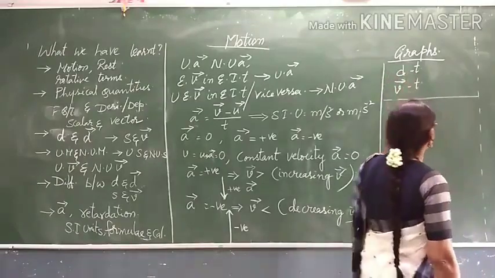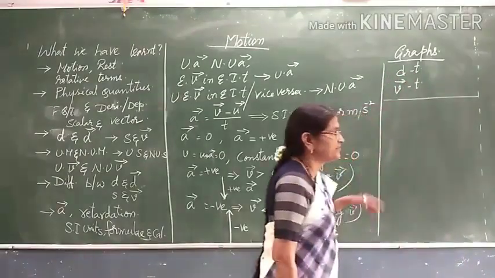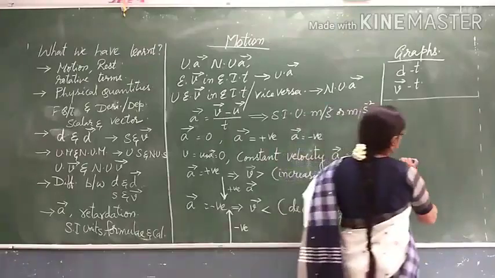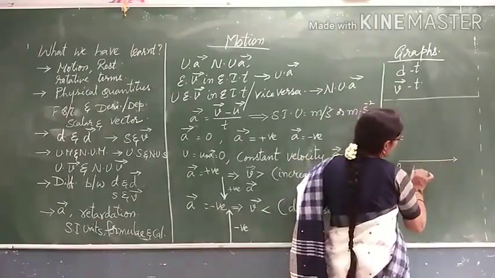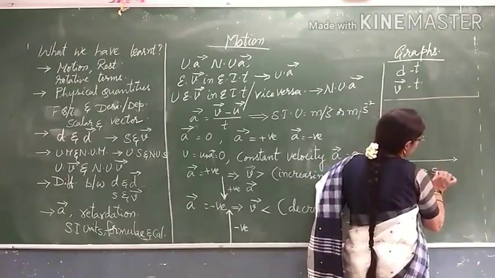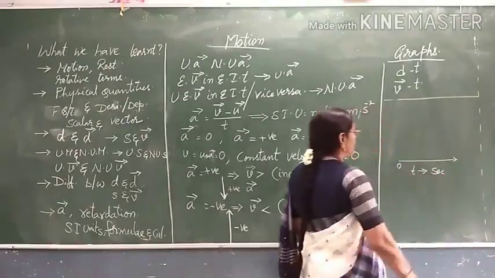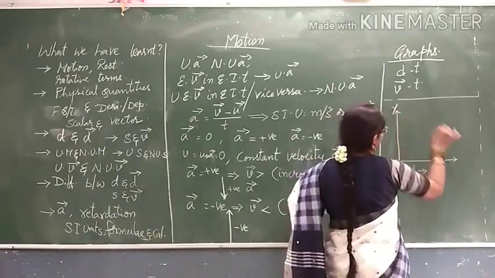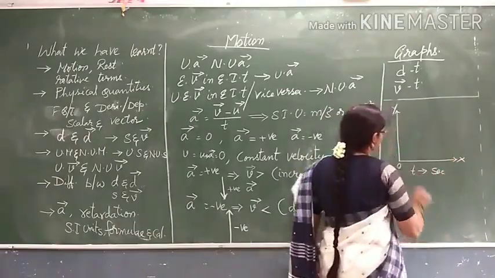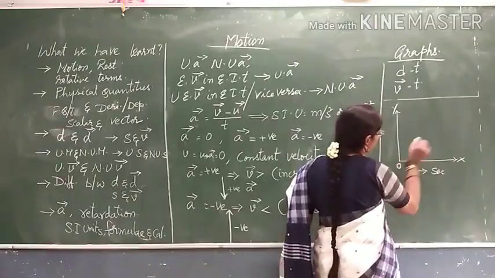So the constant variable we always take on the x-axis. So the x-axis always represents time, in seconds, whereas distance is on the y-axis. Here O represents the origin.